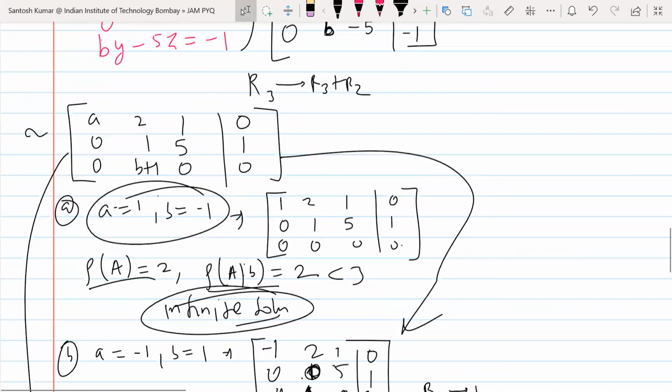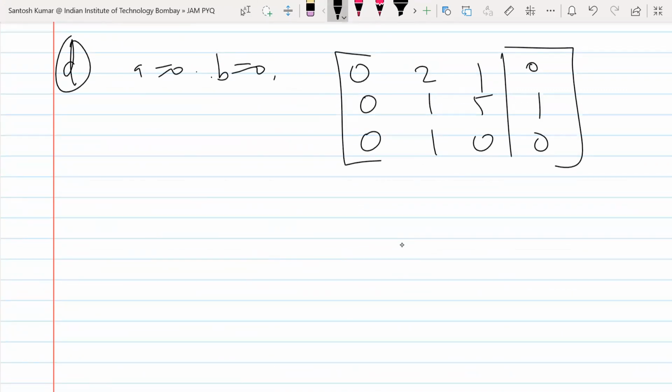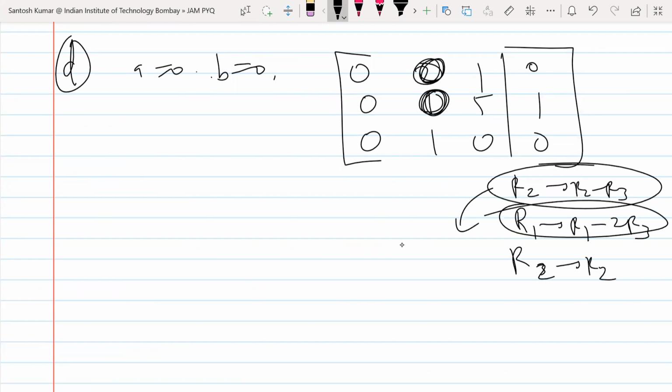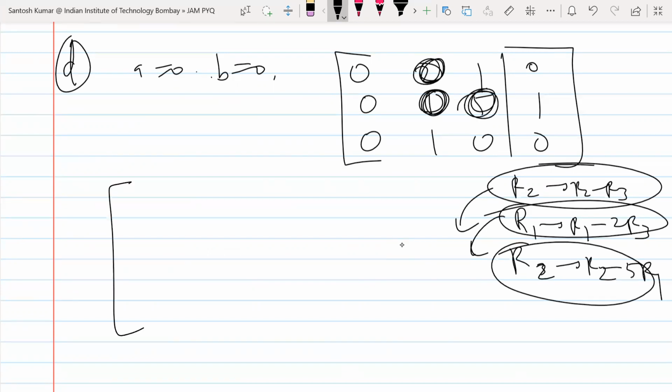Now if we subtract the second row minus the third row, we get 0 here, and the rest is the same. Then I change R1 minus 2 times R3, so this becomes 0. Then I change R2 minus 5 times R1, so this becomes 0. You can write a new matrix and apply these one by one. So the new matrix is 0 0 1 0 0 0 0 0 0 1 0 0.